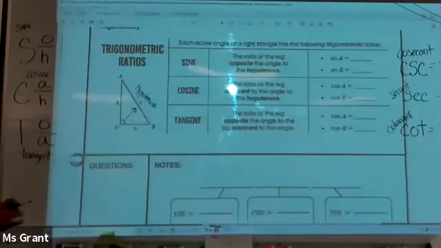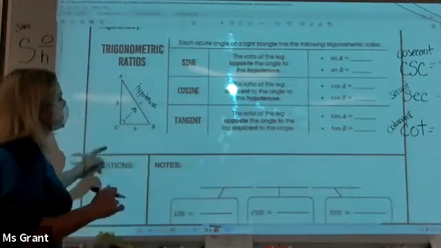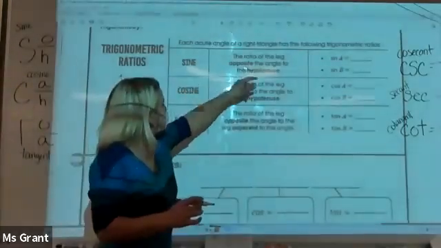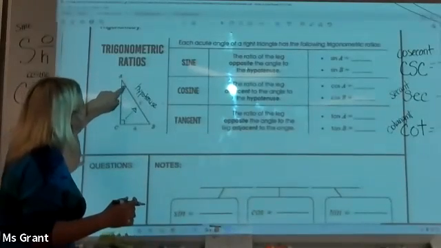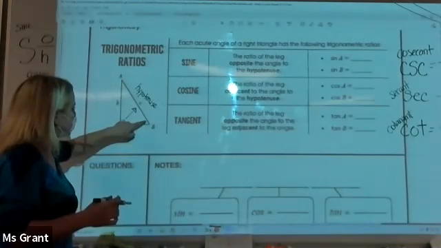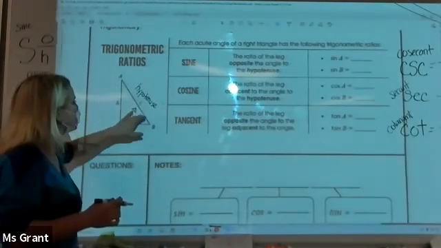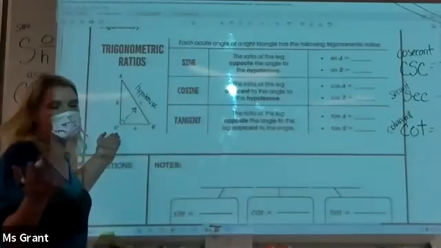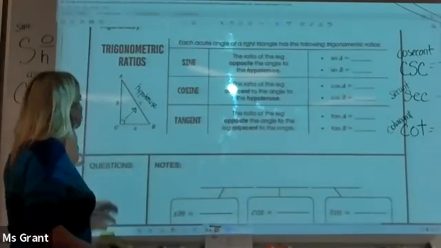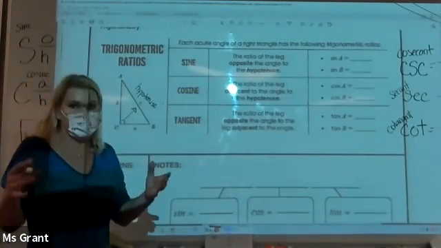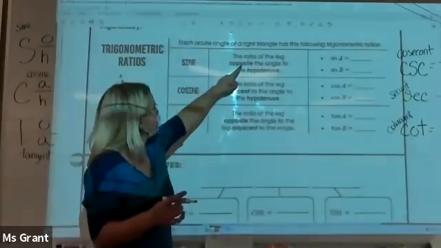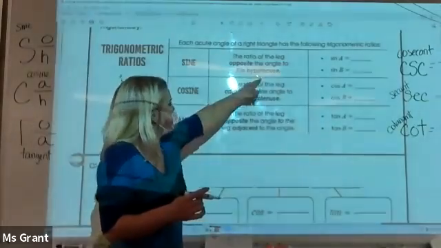The ratio, which means it's a fraction, of the leg opposite to the angle. So I'm going to have to look and say, like, this is angle A. This one's called angle B. And I really only care about A and B. I obviously know that angle C is 90 degrees. So angle A and angle B. So the ratio means I'm going to create a fraction of the leg opposite over the hypotenuse.